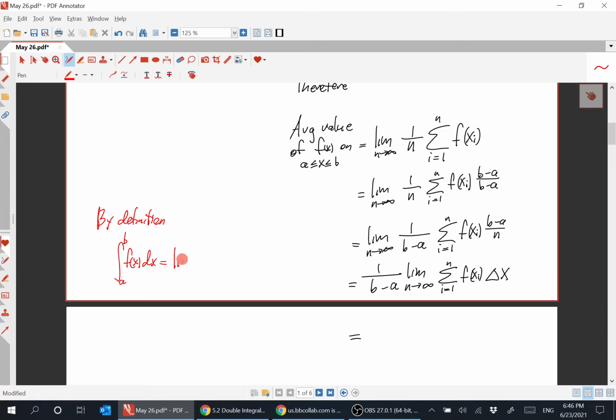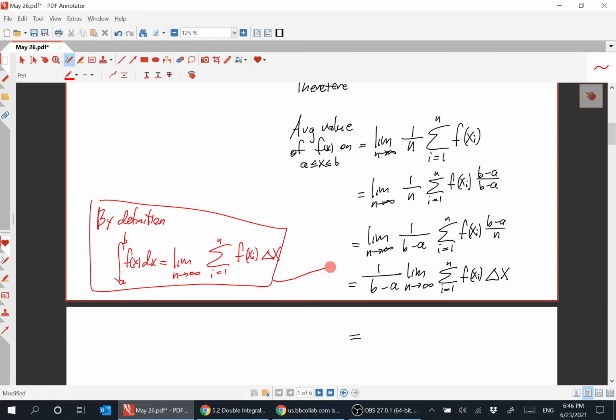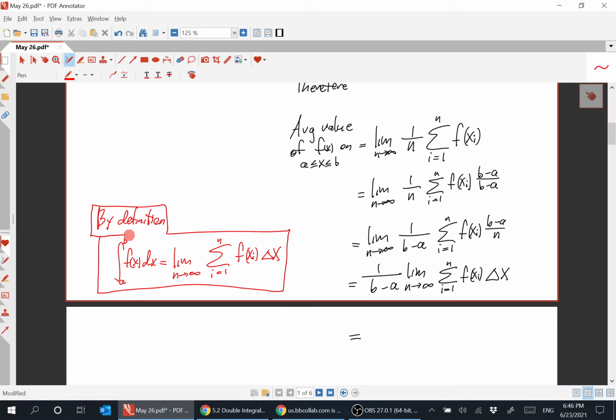Well, it's the limit as n goes to infinity of that Riemann sum, the sum i equals 1 to n, f of x_i delta x. And that's exactly what we've got over here.